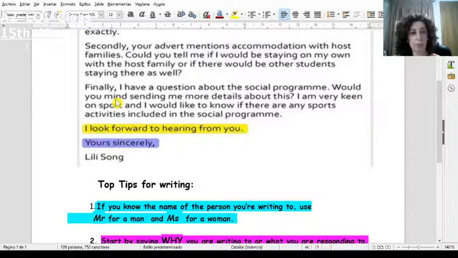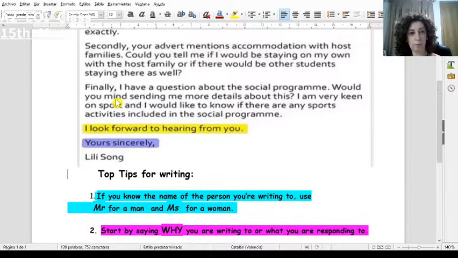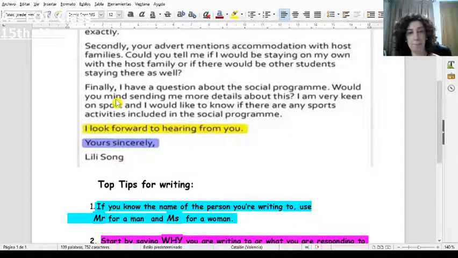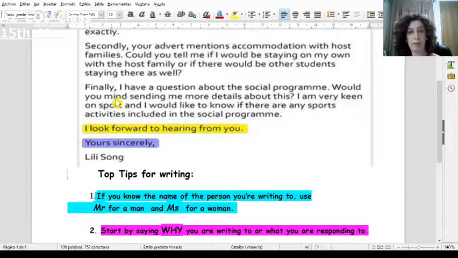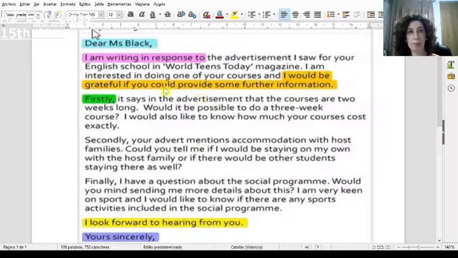Number 2. The first paragraph. 2. Start by saying why you are writing to or what you are responding to. Then, the first paragraph, this one: I am writing in response to the advertisement I saw for your English school. ¿Vale?